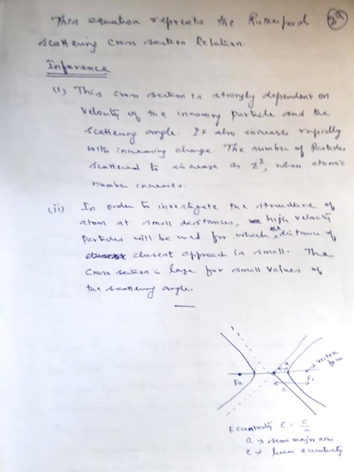I think it may be difficult to understand Rutherford scattering and scattering cross section, so read again and again, then you will easily understand. If you have any doubt, please ask me in the class or in Google Classroom, and I will reply.